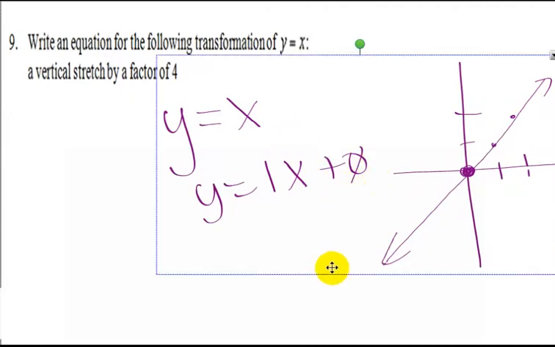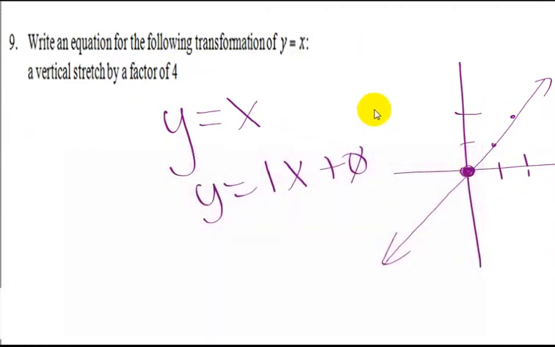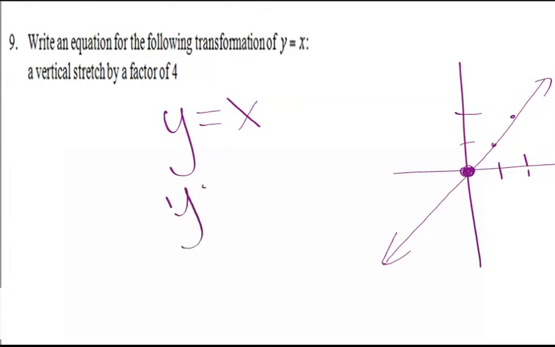It's going to be that line that bisects the first and third quadrant. Now, they want us to take this and give it a vertical stretch of 4. That's just changing our slope to 4 over 1. So the a value goes in front of the x.